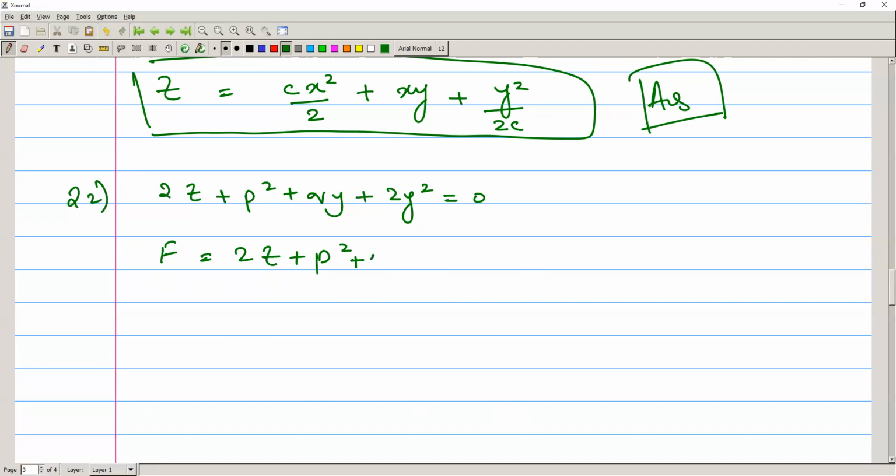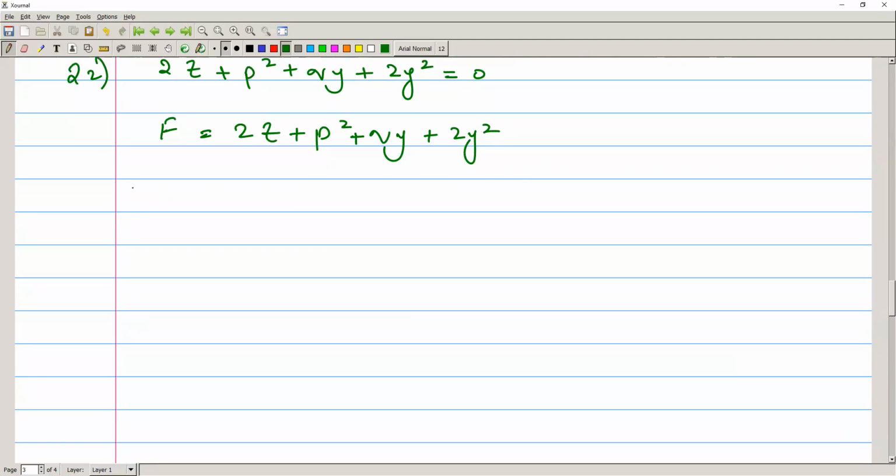So it will be easier for us to find the partial derivatives. Like we have to find fx. So fx will be 0 because there is no function of x here. So fx will be simply 0. Then fy.